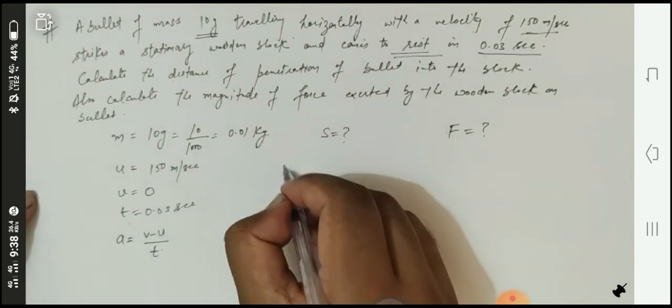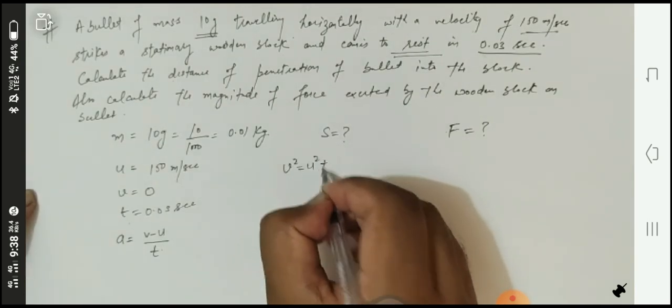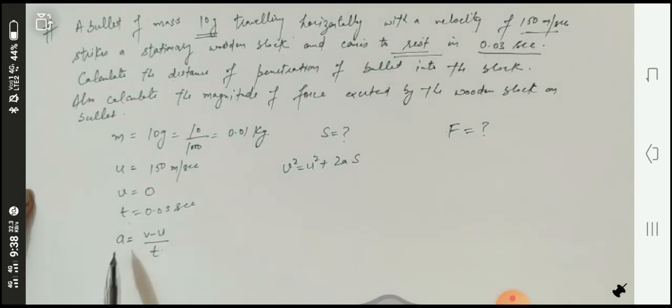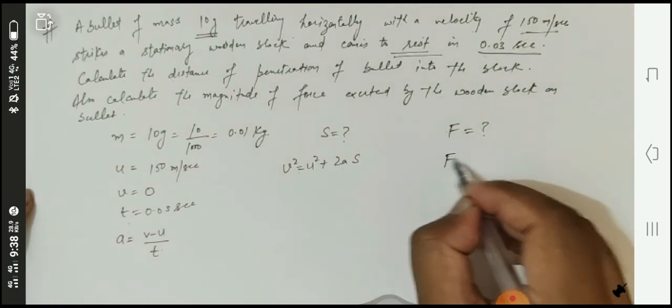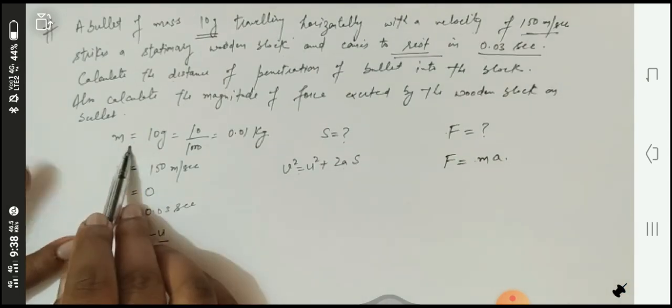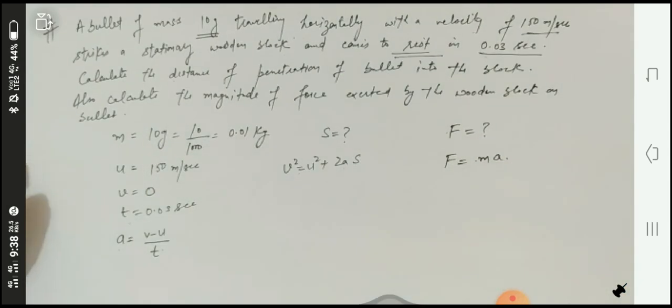Then use the formula v square is equal to u square plus 2as to calculate the value of s by putting the value of acceleration and all these terms in this equation. Then F is equal to ma. We have the value of a, then we have the value of mass. Now put the values and calculate the values of these terms quickly.